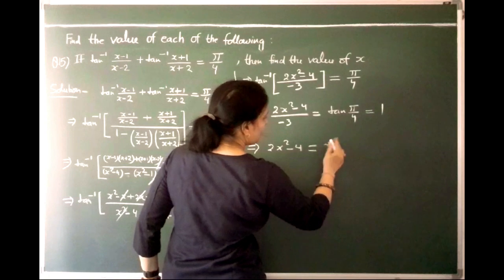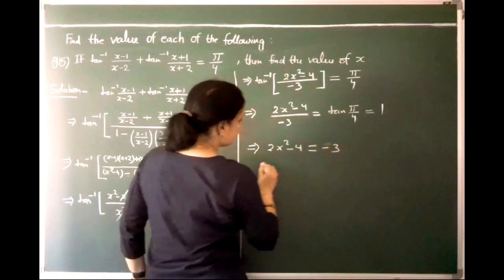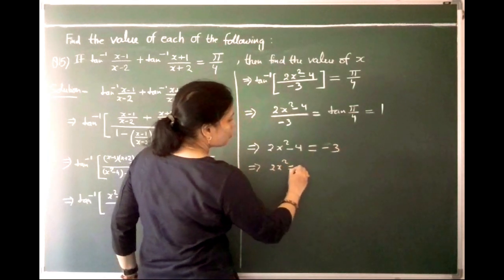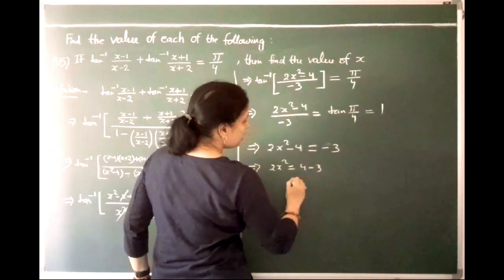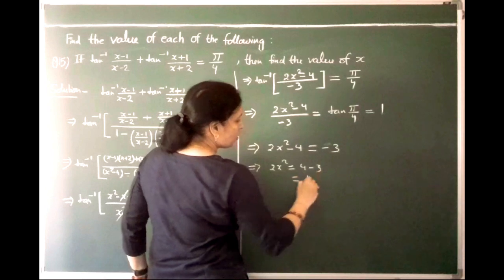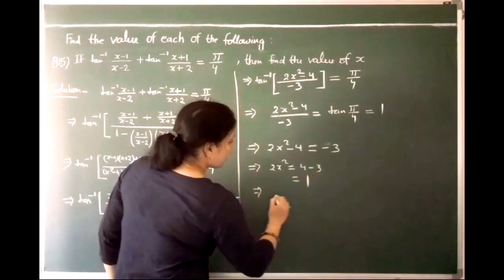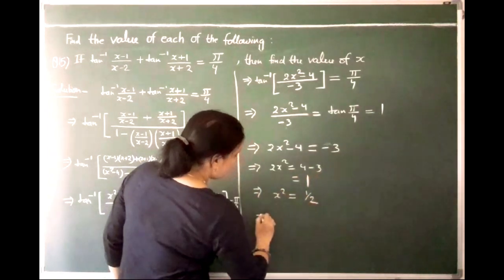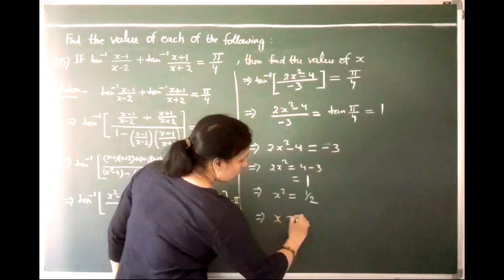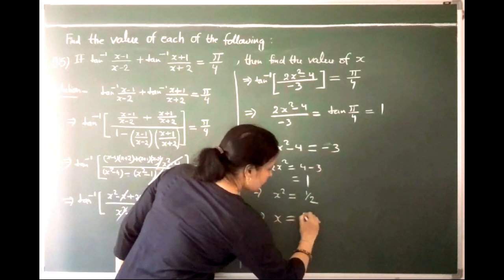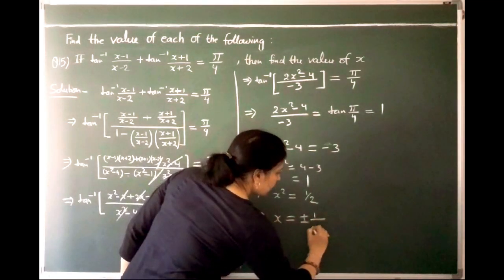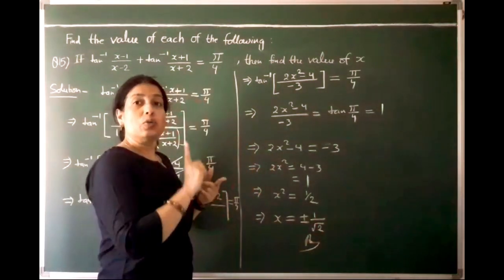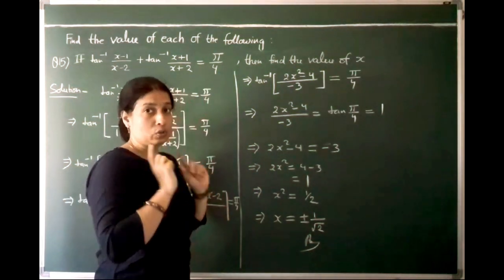So it will be minus 3. So we can write 2x square is equal to 4 minus 3. So it will be 4 minus 3 is 1. So we can write x square is equal to 1 by 2. Then what will be x? So x will be plus minus 1 by root 2. So this is our answer. X is equal to plus minus 1 by root 2.